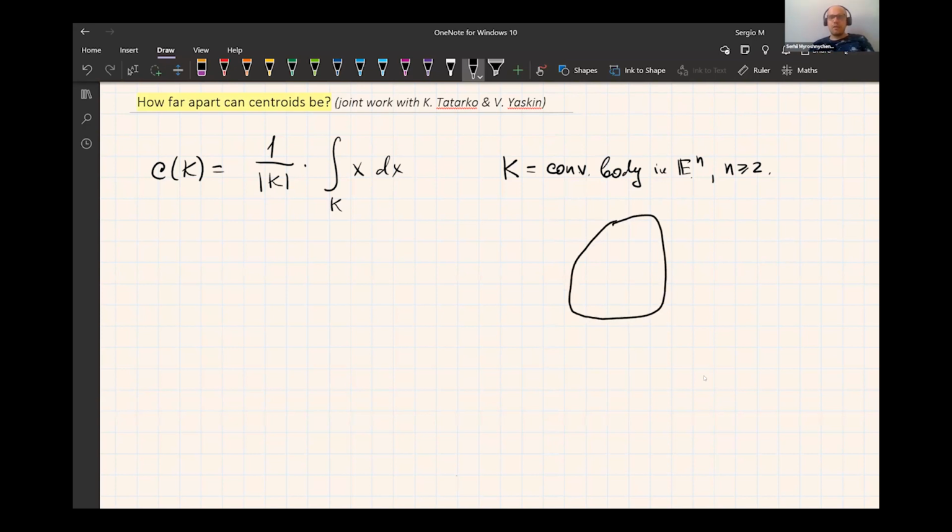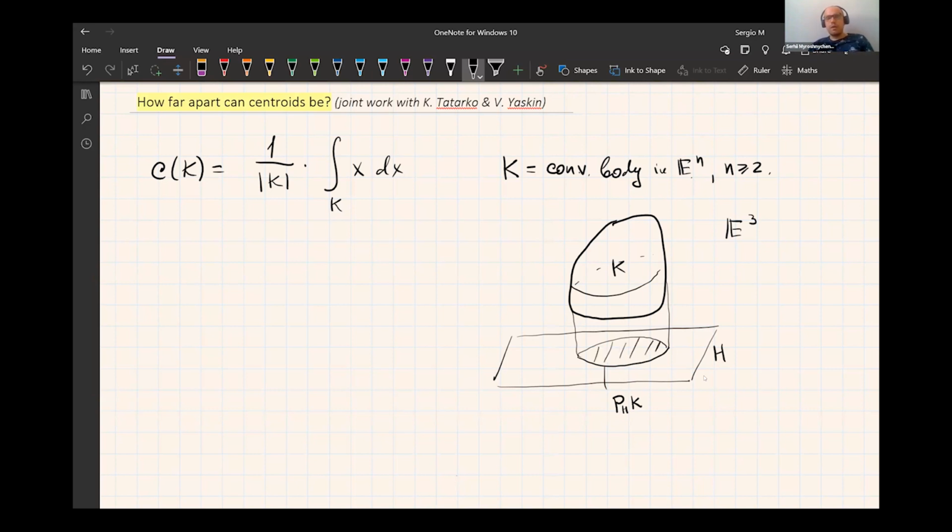This is our K, it's 3-dimensional, and we're going to project it on a 2-dimensional subspace, or hyperplane H. Let's think about 3-dimensional space right now, but in general it also works. One of the nice properties of convex bodies is that the projection will remain convex as well. Let's call this projection on H of K.